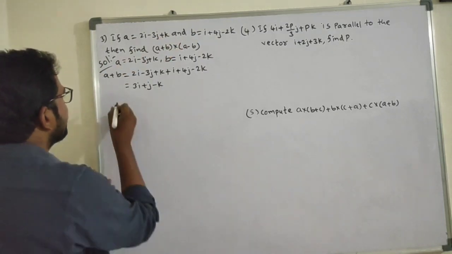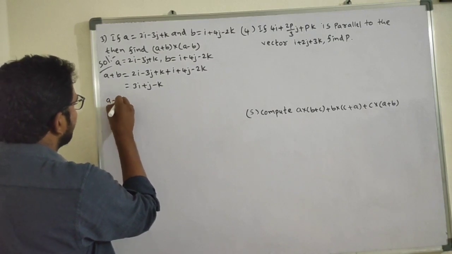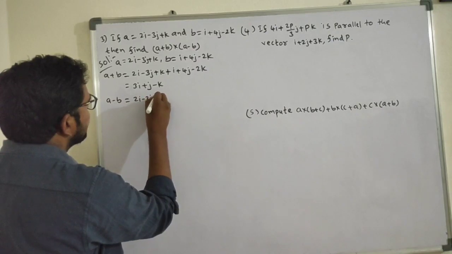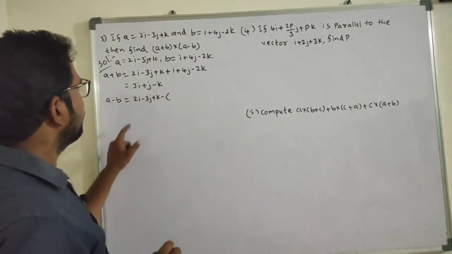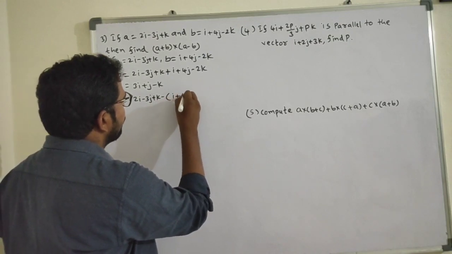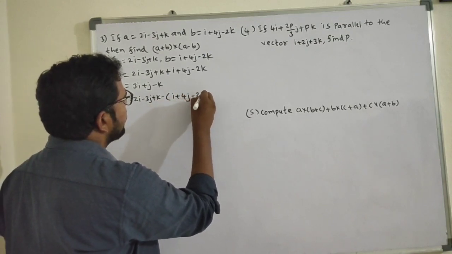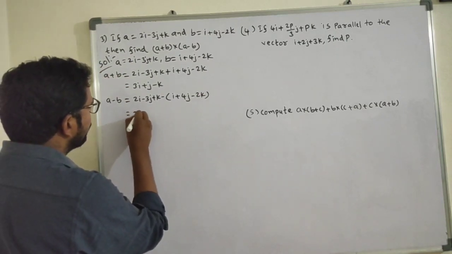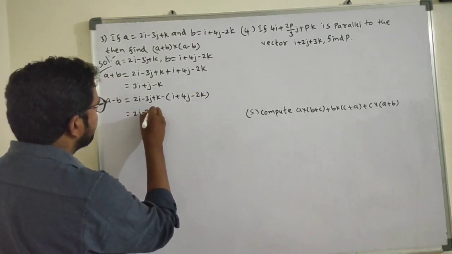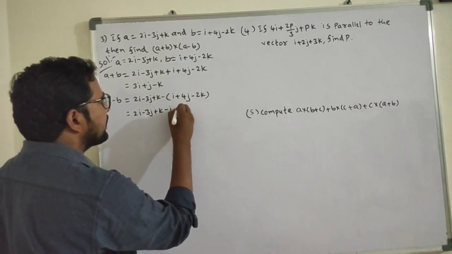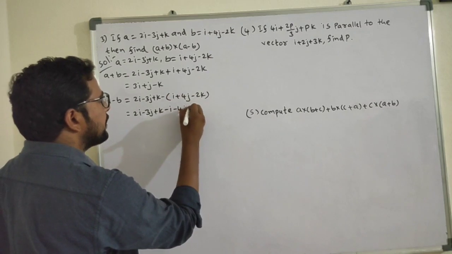Next find A minus B. A minus B is equal to, what is the A value? 2i minus 3j plus k minus B value, i plus 4j minus 2k. Minus into plus gives minus i, minus into plus gives minus 4j, minus into minus gives plus 2k.